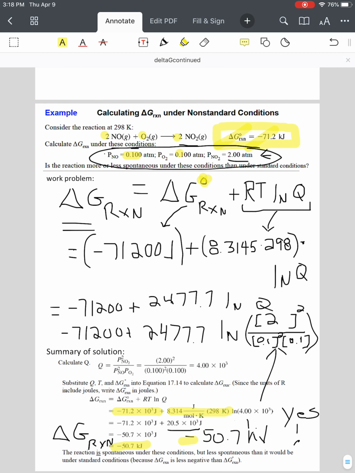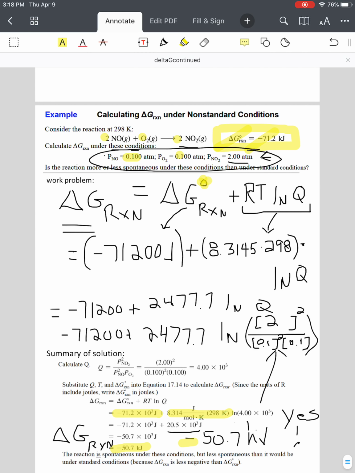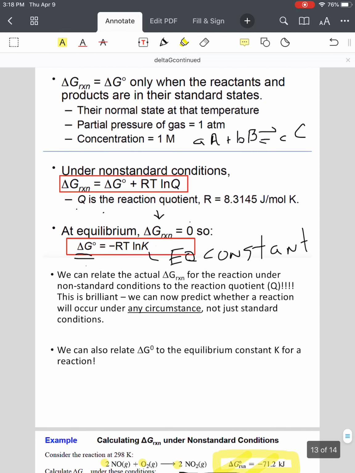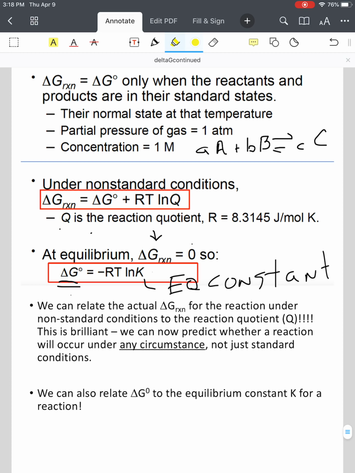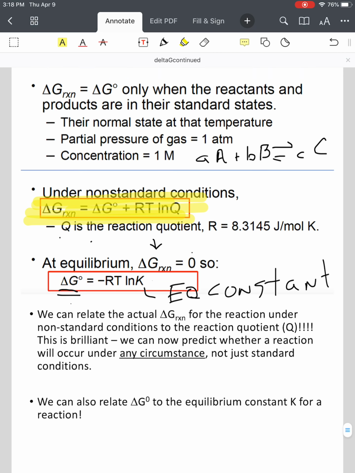And the beauty of this problem, and this is really cool, I think, is that for any chemical reaction, under any set of conditions, even if they're not standard, we can use this equation to compute whether or not the reaction will be spontaneous or not.